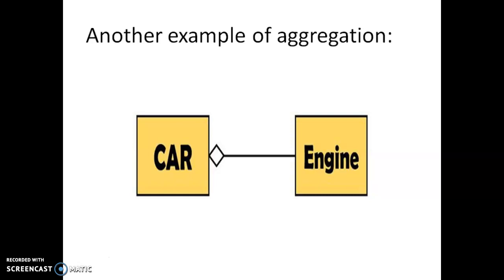Car to wheels is one aggregation. Car to engines is another aggregation, and so on. That is why the open diamond shape is placed beside this car entity, because car is the whole here, engine is a part.